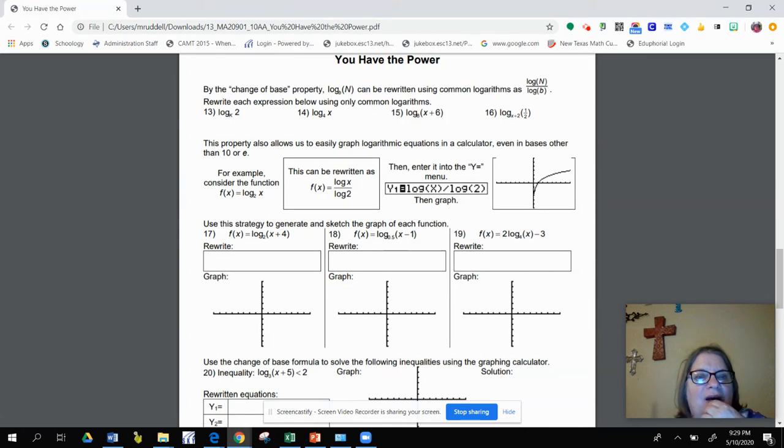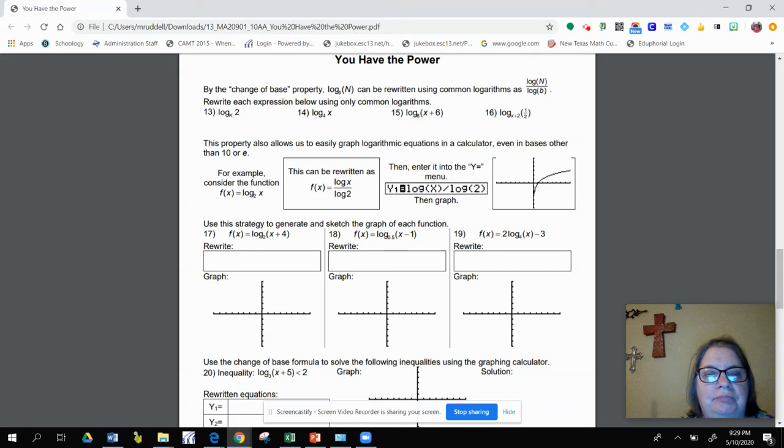Okay, this page, we're not going to stop and fill that out. Again, it tells you change of base property, and it has you doing that same thing. It tells you solve by graphing. We did a little bit of this. If you graph one side and graph the other, then the solution is where they intersect.